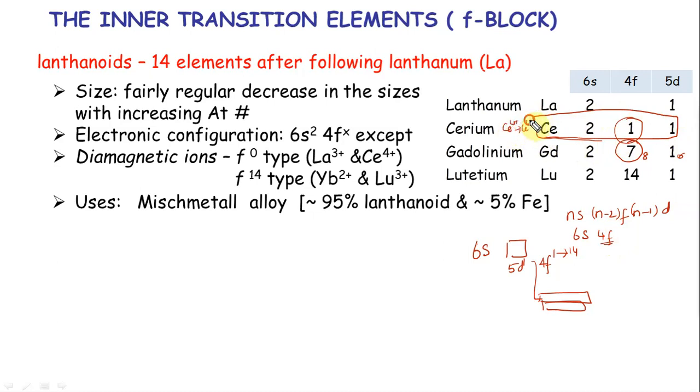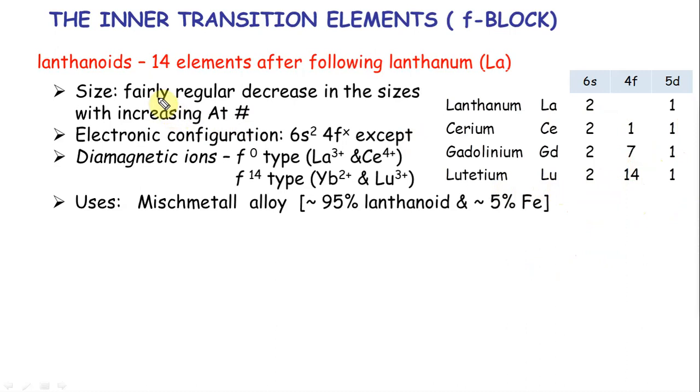Cerium 4 going to cerium 2 or the other way around is slow, so kinetics is very good to actually use for titration. You want to remember gadolinium, instead of 6s2 4f8, it will push 1 electron to d, so it can be half filled. Similarly, lutetium, the last element, fully filled. You want to remember this.